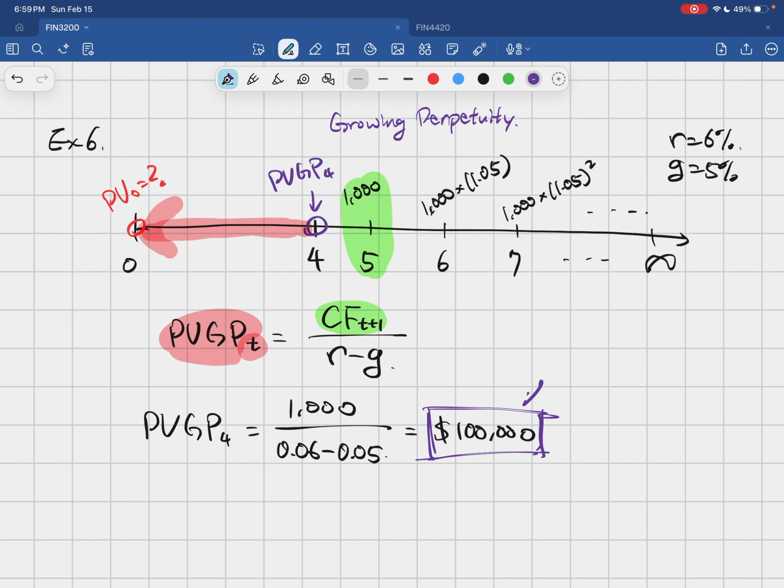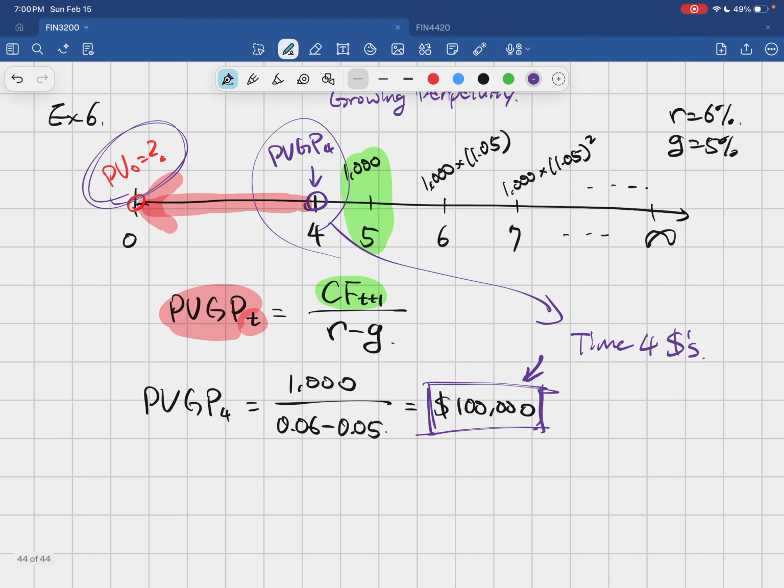This value, as we stated up here, is expressed in time 4 dollars. We're trying to calculate the PV as of time 0. We wanted it in time 0 dollars, so it involves a second step. So we're trying to focus on this part right here.